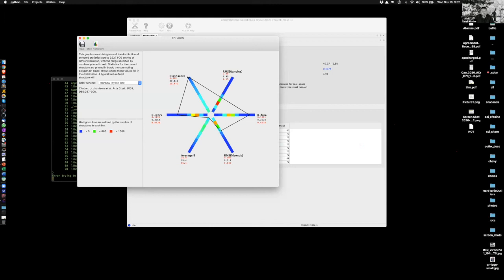There's a very high clash score compared to everybody else in the PDB. It has a very high R-free factor compared to everybody else in the PDB. It has a very high R-work factor compared to everybody else in the PDB. So the polygon is bad. That means something is not quite right with your structure.